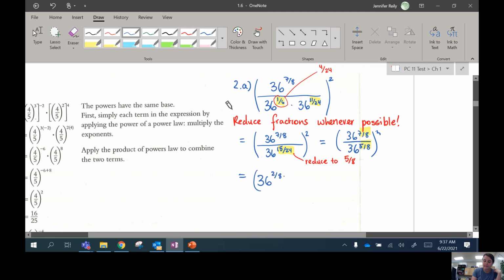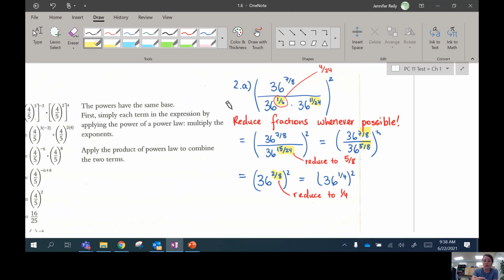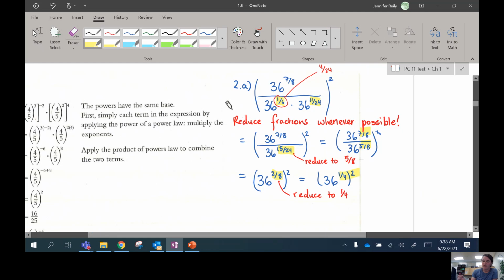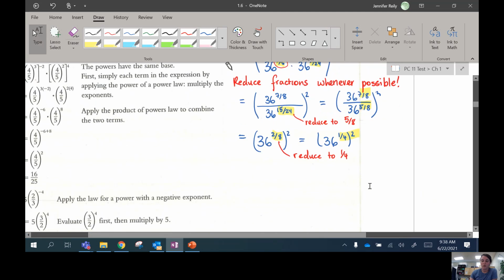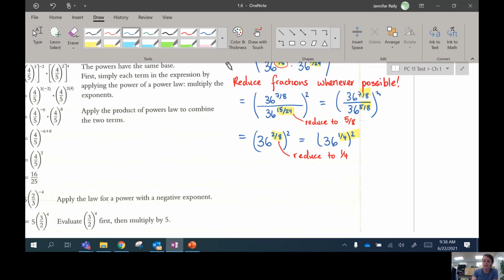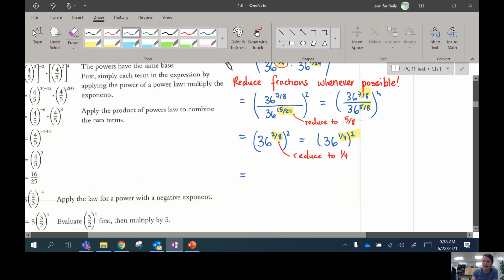Look how simple it's already looking. And again, we can reduce this. 2/8 is the same as 1/4. So again, you always want to reduce fractions if you can, even within the question. Don't wait till the end. And now finally, we have a power of a power. So we are going to multiply those together. 1/4 times 2 is 1/2.